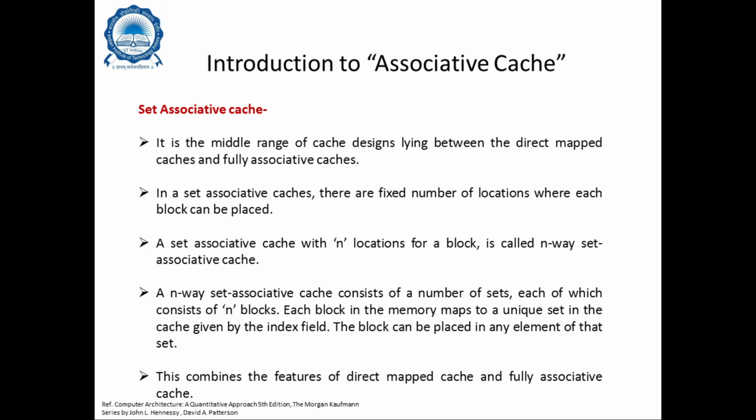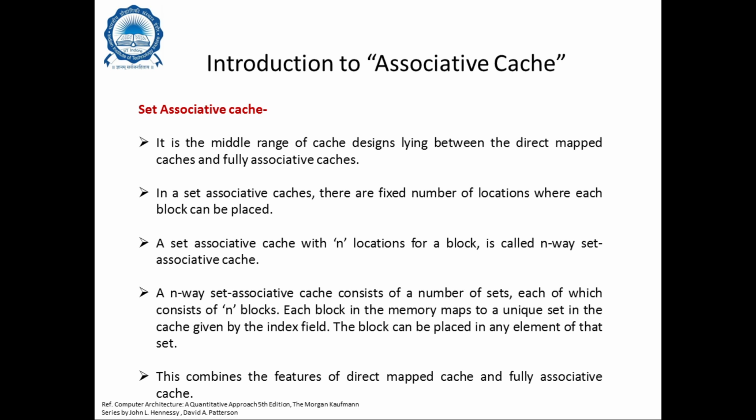This n is also known as the degree of associativity. For example, a 4-way set associative cache means that the associativity is equal to 4, which indicates that there will be 4 elements per set. I'll come to that gradually as we progress along the course.